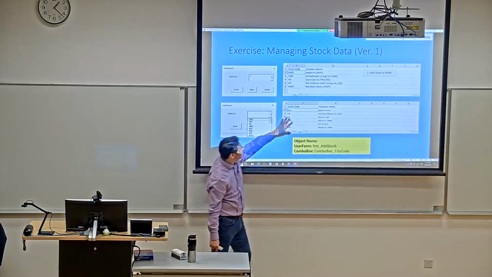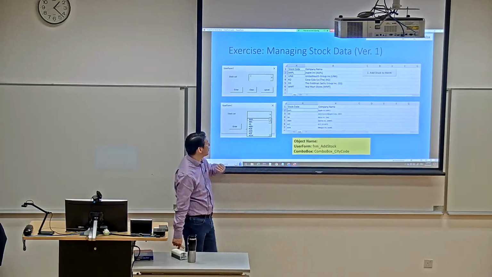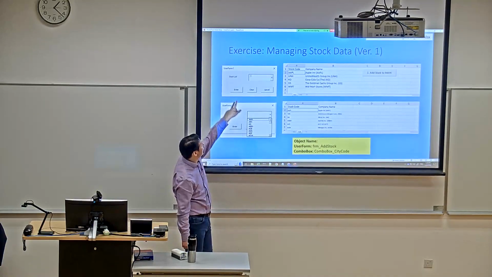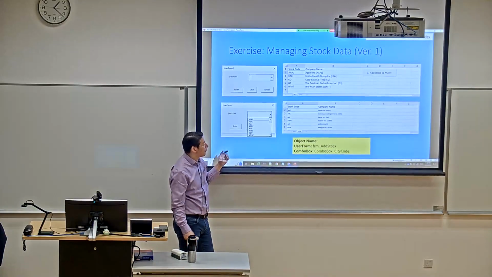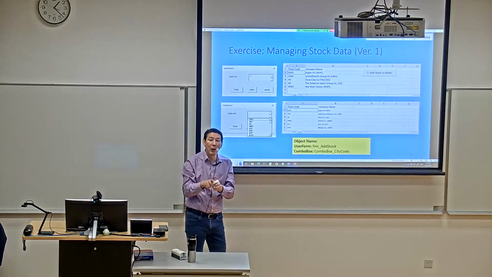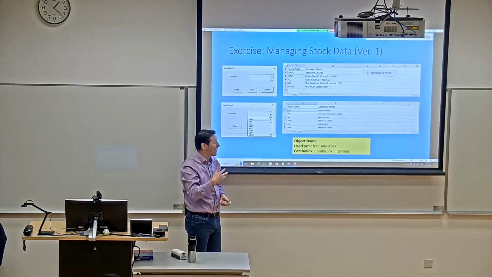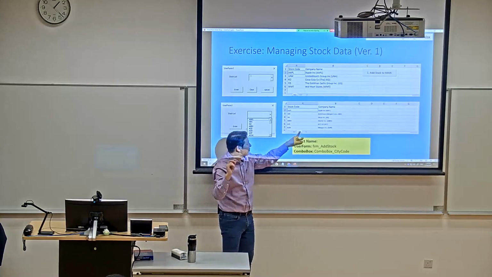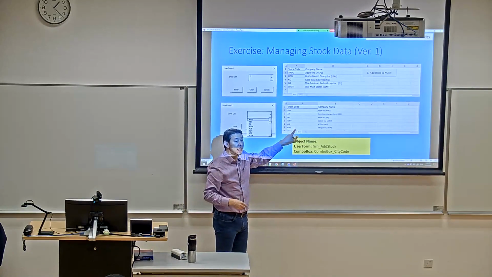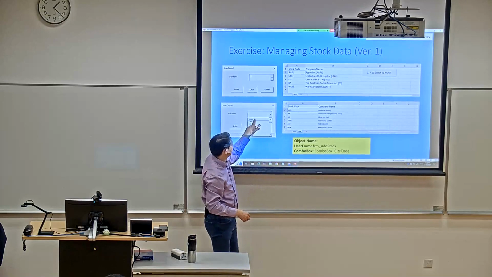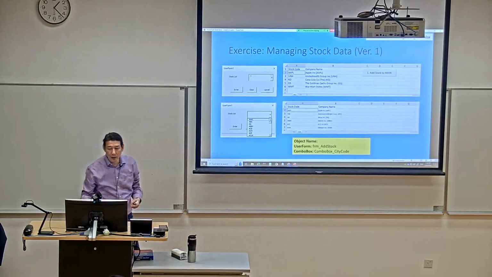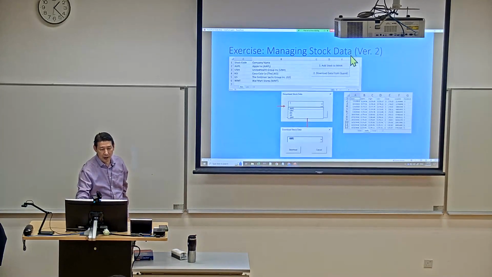How can you add all this information into the user form? Of course, we have to collect them one by one, adding items. When we add an item, we need to specify the worksheet's name and also the corresponding locations, and then we can add items. Try it if you have time.